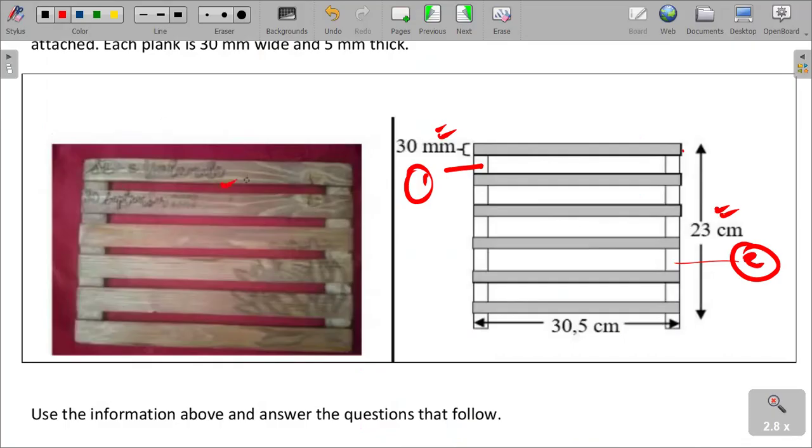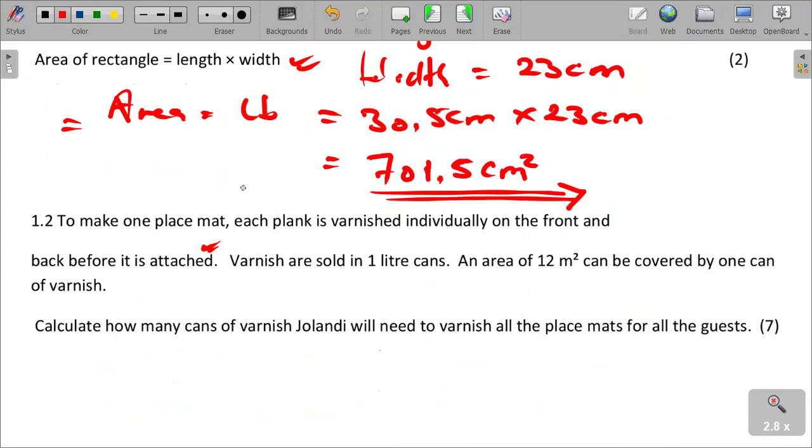Varnish is sold in 1 liter cans. An area of 12 square meters can be covered by 1 can of varnish.